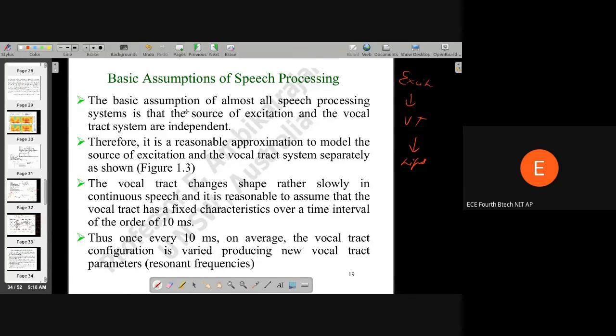The basic assumption in all speech processing systems is that the source of excitation and the vocal tract system are independent. Whatever is happening in the glottis does not affect the vocal tract. We call it decoupling. It's not absolutely true, but more or less we go with that assumption. Hence we model excitation, vocal tract, and also the lips separately.